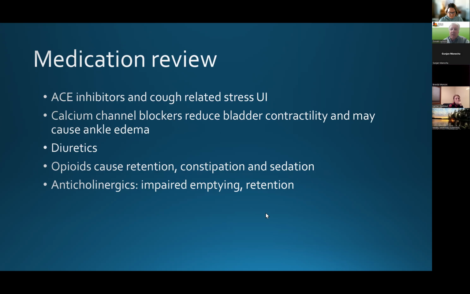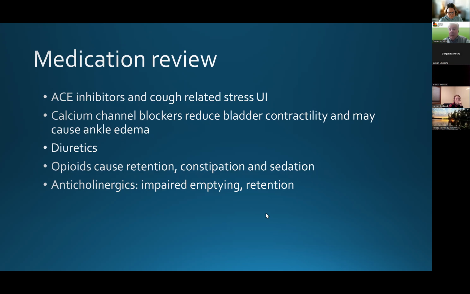Calcium channel blockers can be associated with not only reduced bladder contractility but also, as I mentioned earlier, the second generation, such as amlodipine, can cause ankle edema. And by the way, the ankle edema is usually prevented by preceding medications for high blood pressure with either an ACE inhibitor or an ARB.